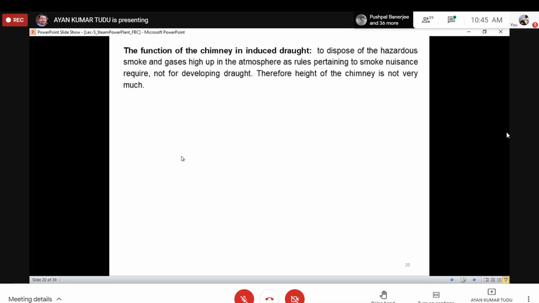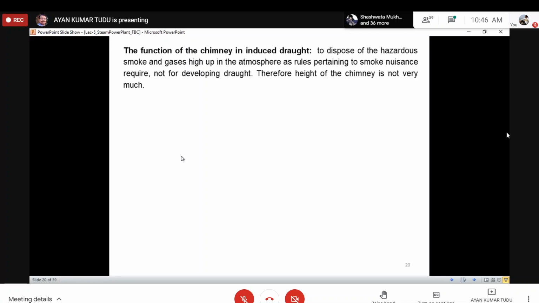So the height of the chimney is not very much in these induced draught cases. It is not used for developing any draught.